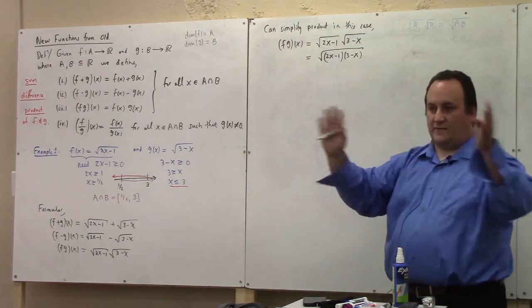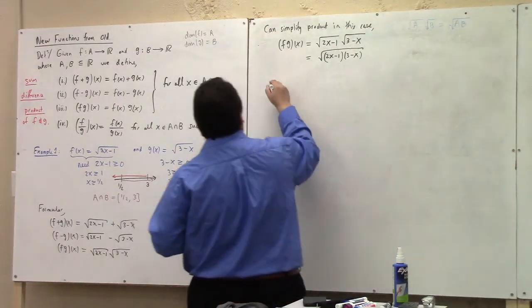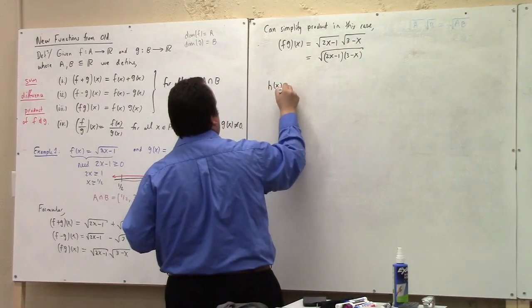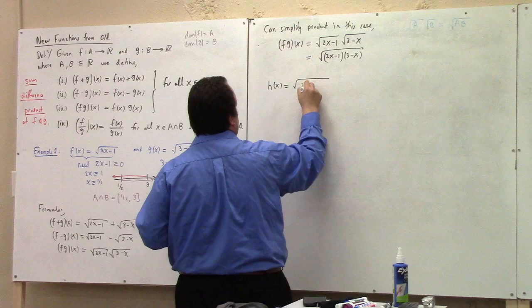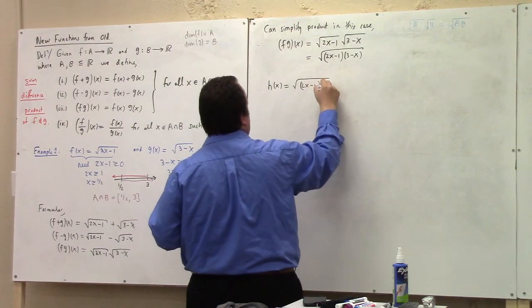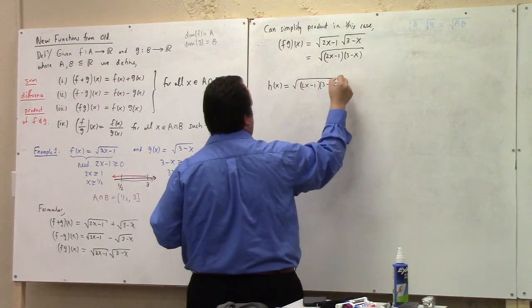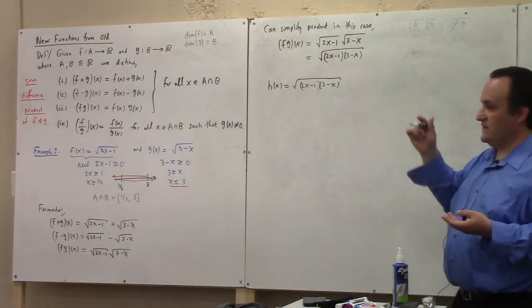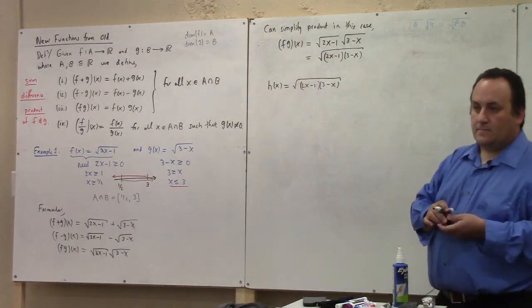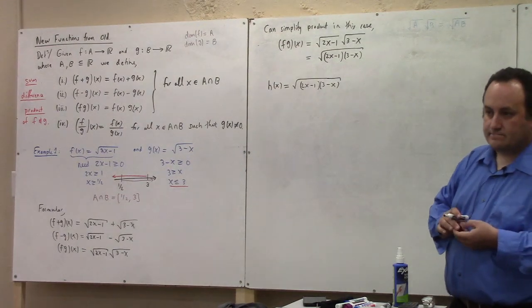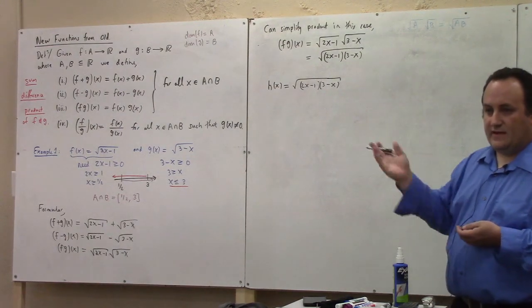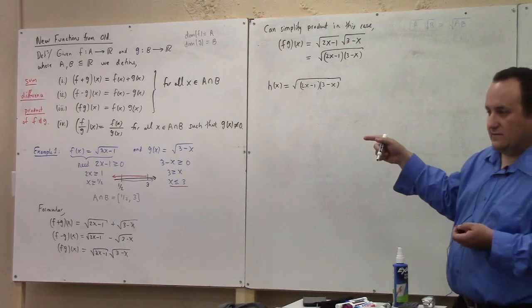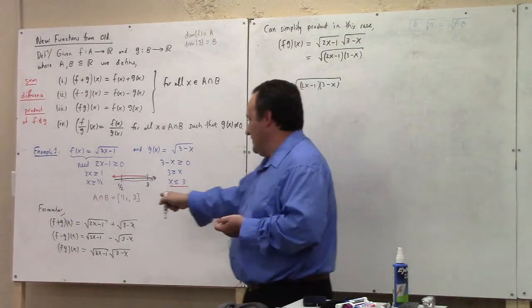If I just gave you another function, right? And if I just gave you the function h of x equal to the square root of 2x minus 1 times 3 minus x, right? I said, okay, here's a new function h, and here's its formula. What's the domain of h? You're like, well, isn't the domain of h just what you just found already? Isn't the domain of h just like 1/2 to 3?